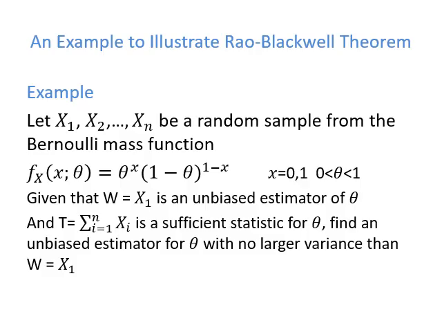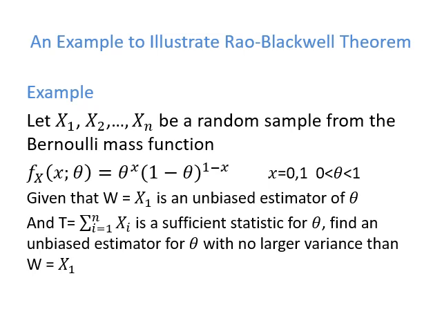Now let us start the example. In the example we have a random sample X1, X2 till Xn drawn from the Bernoulli mass function. As you know, the Bernoulli probability mass function is given by theta to the power x times 1 minus theta to the power 1 minus x. Here x takes values either 0 or 1, and theta lies between 0 and 1.